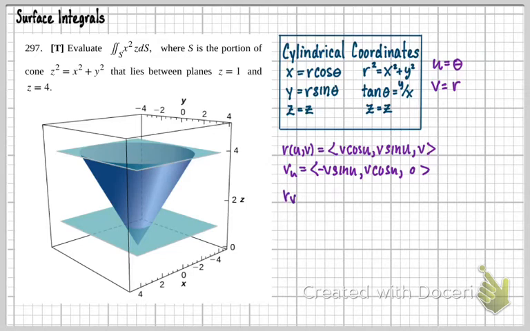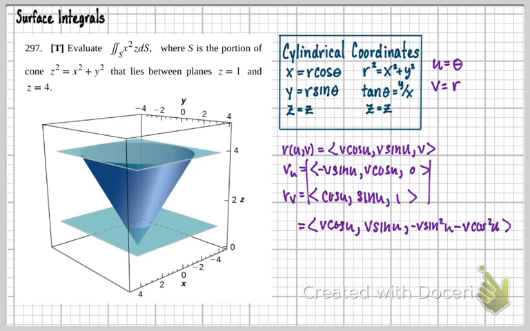And then my r_v is going to equal cosine u, comma, sine u, comma, 1. And then we're going to do the cross product of those two. So there's my cross product. Now I'm going to take the magnitude of that.